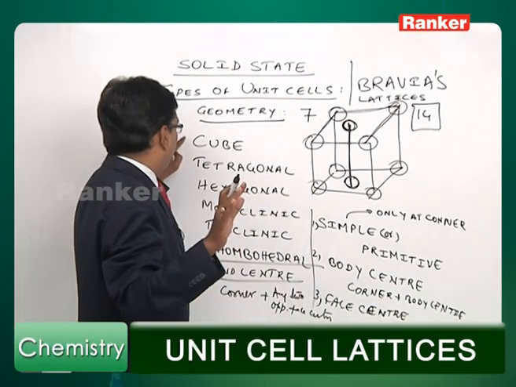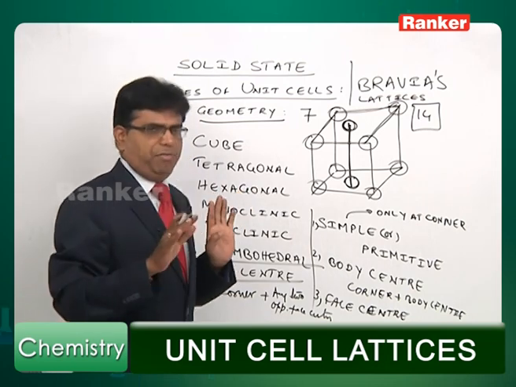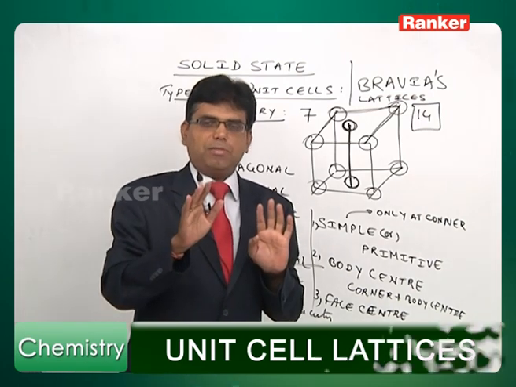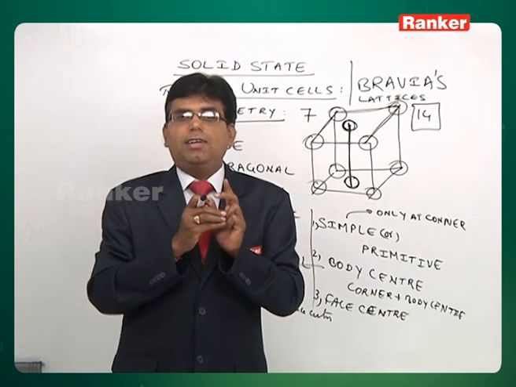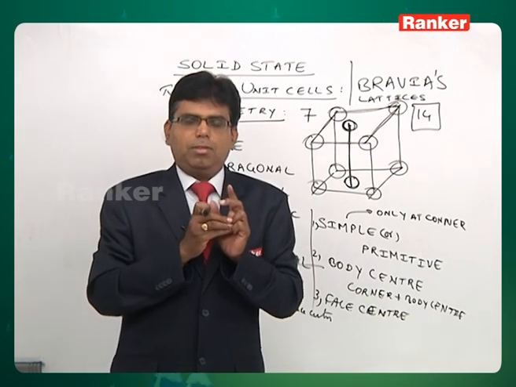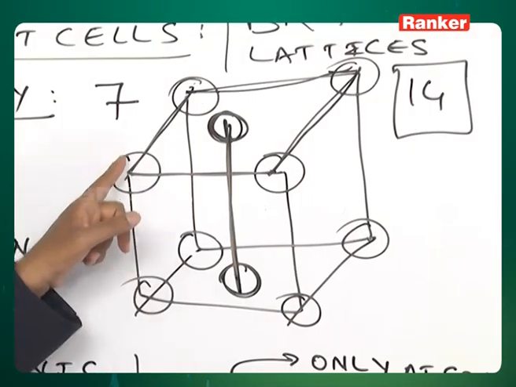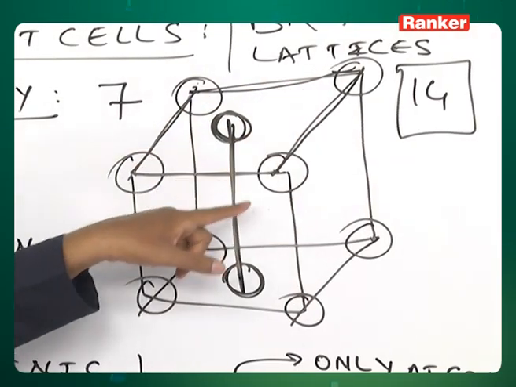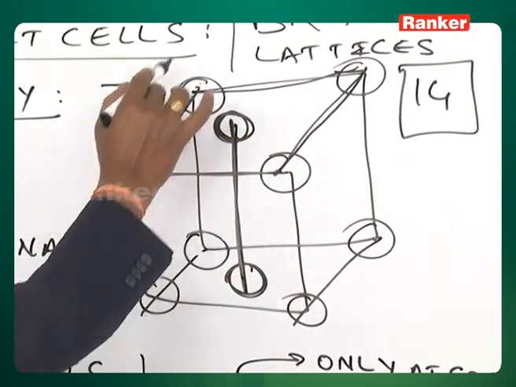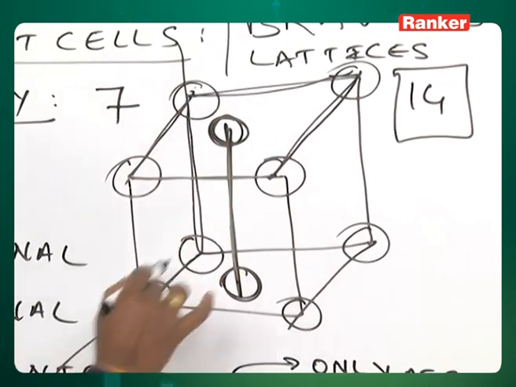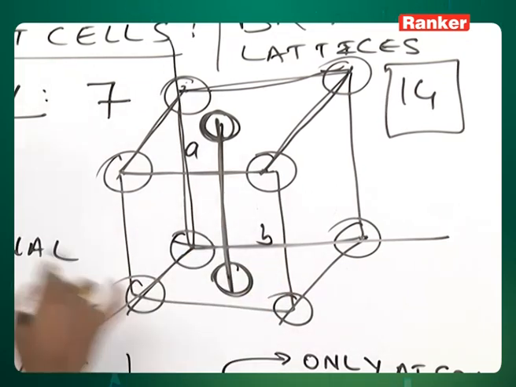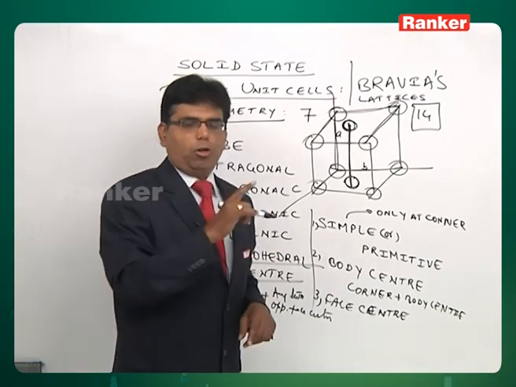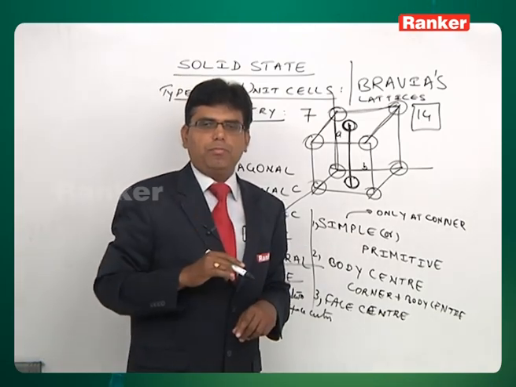First of all, what are the characteristic features of the 7 crystal systems? That means, what are their edges and what are their angles? In the case of a cube, you have 12 edges, and along the 3-dimensional axes, if you consider A, B, C, then A equal to B equal to C in case of a cube.